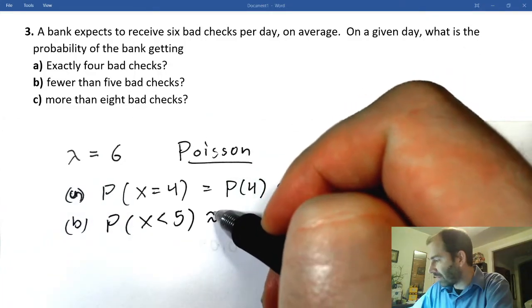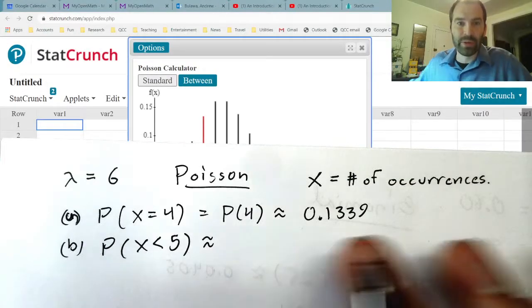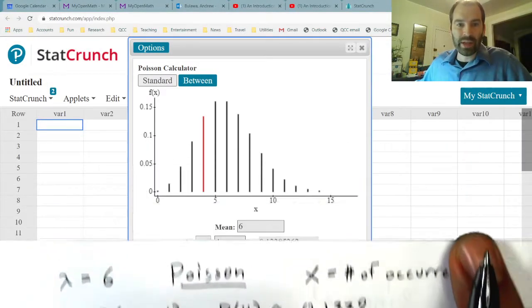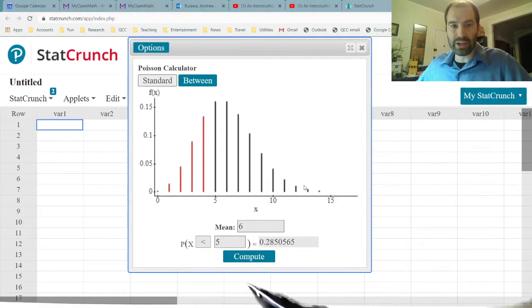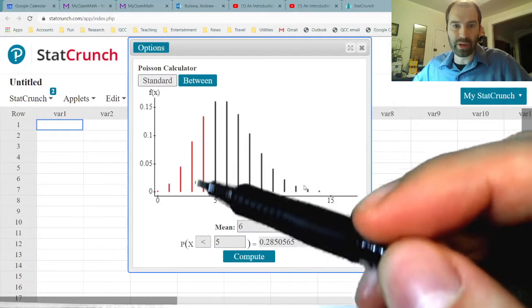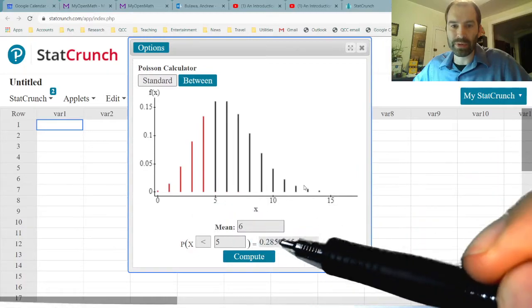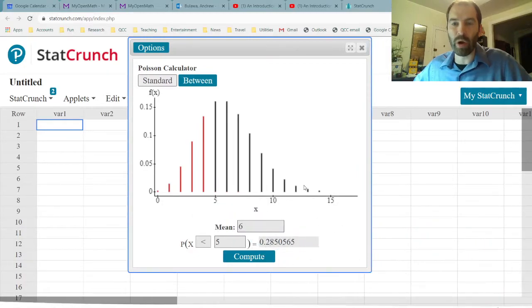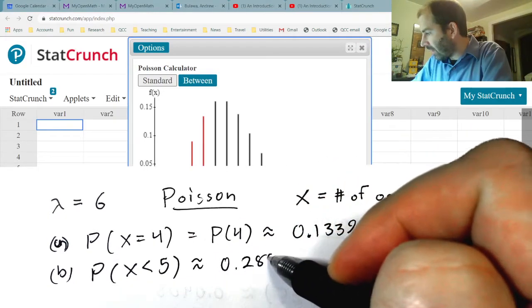So I want to approximate this. Okay, so I'll go over to StatCrunch. Same distribution, the average is still 6 here, but I'm going to do fewer than 5. You see what it did is it shaded in all the bars to the left of 5, and it's adding up those probabilities. When you add up those probabilities, you get 0.2851 about.